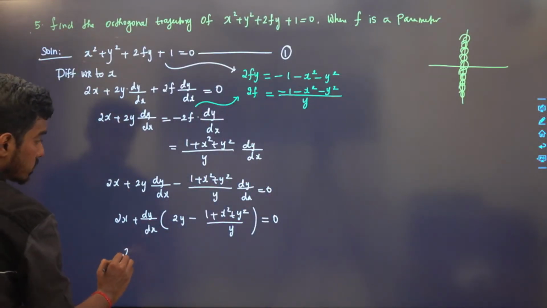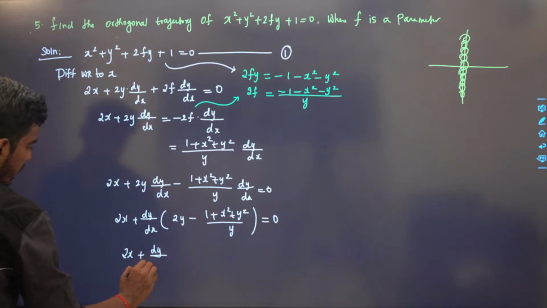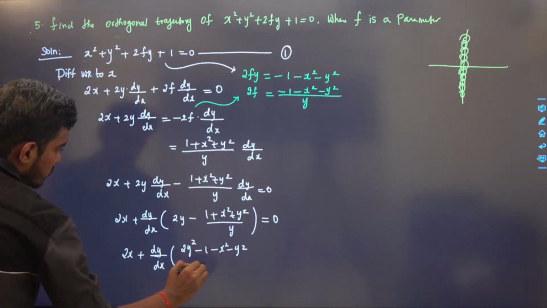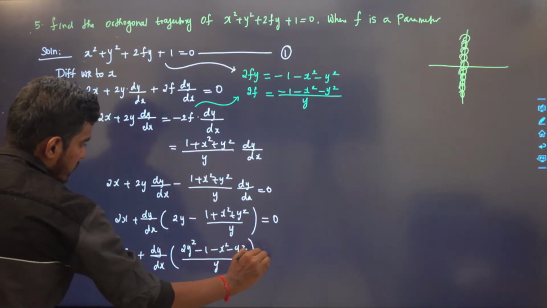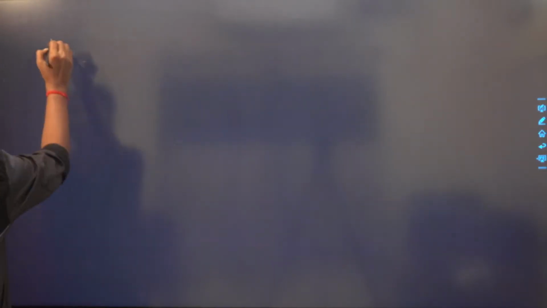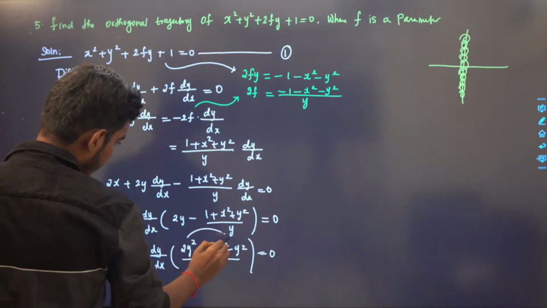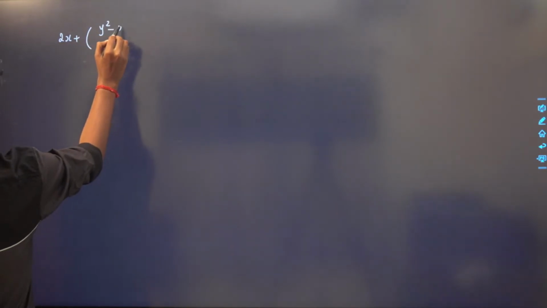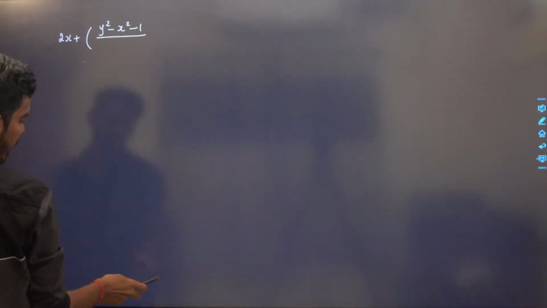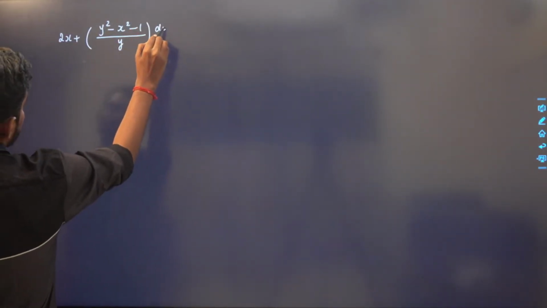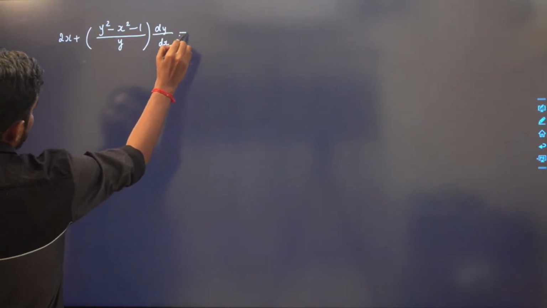So it is 2y square minus 1 minus x square minus y square divided by y is equal to 0, right? Multiplying throughout here, we have 2x plus 2y square minus y square is y square, so y square minus x square minus 1 divided by y dy by dx is equal to 0.